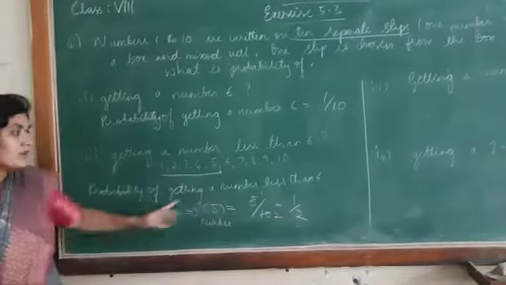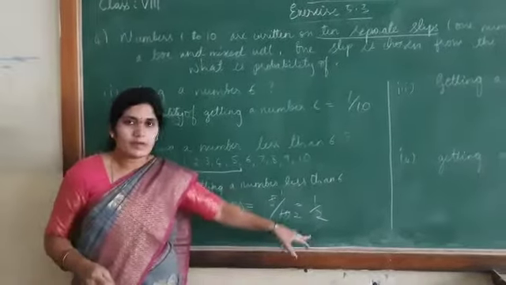So probability of getting a number less than 6 is 5 by 10 or 1 by 2.